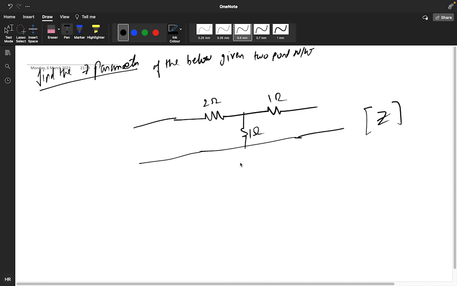So Y is 2 by 5, minus 1 by 5, and minus 1 by 5, and 2 by 5. Okay, Vaishnavi, you are getting the same answer.